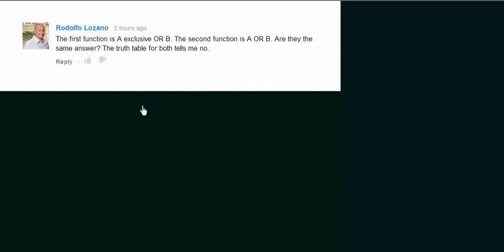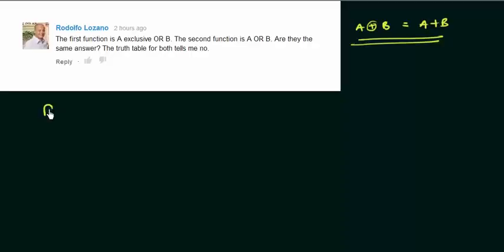Okay, definitely you're right. The truth table of A XOR B is not equal to A or B, but we have to check for this particular case. We cannot just check whether A XOR B is equal to A or B by what we have studied, but we will check it by the function that I have used in the example.